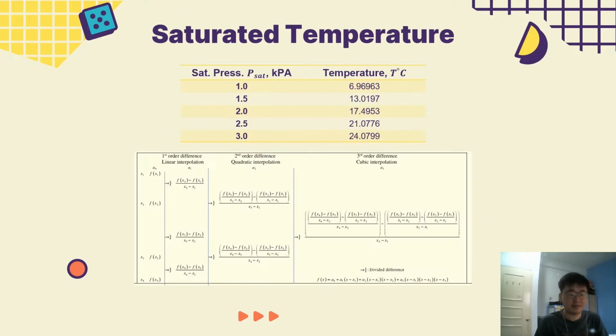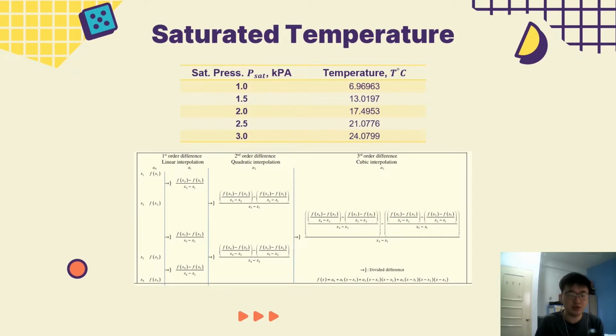Okay. Next, after calculating the saturated pressure according to the relative humidity, we calculate the saturated temperature at that saturated pressure value. We are also using the thermodynamics table to calculate the saturated temperature.